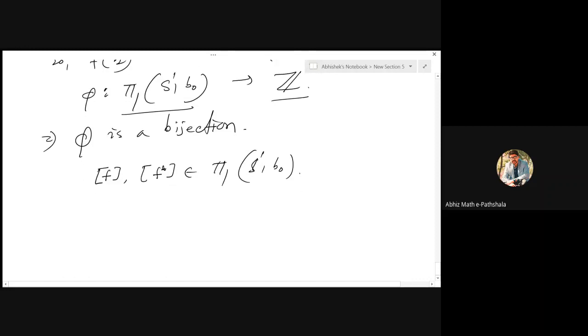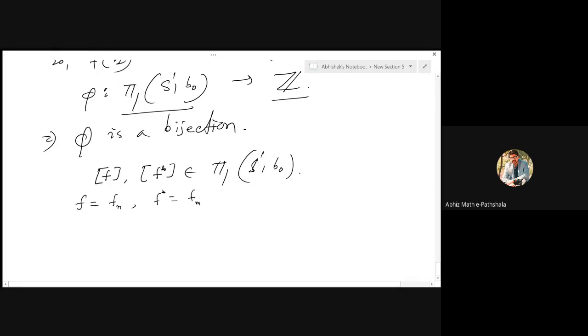if you rewrite this F and F star by keeping in mind the endpoints of their liftings, then you can denote f by fn and f star as, suppose, fm.